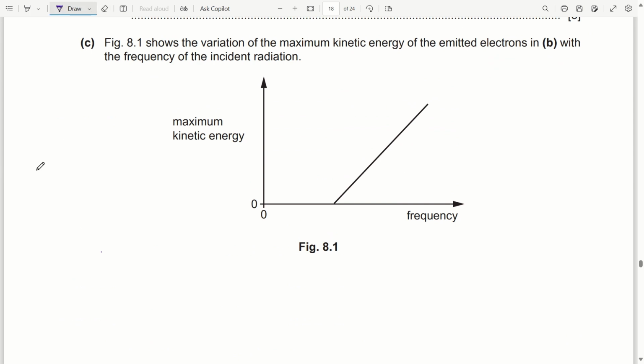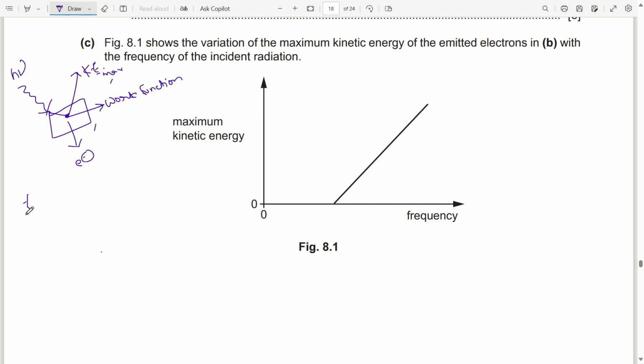We know that if there is a metal surface and the energy of the photon incident is h mu, and here is a free electron, then this electron will absorb some amount of energy equal to the work function of the metal, and the rest of the energy will become the kinetic energy of the electron, that is KE max, because we are considering maximum kinetic energy.